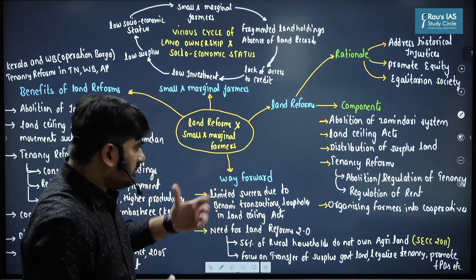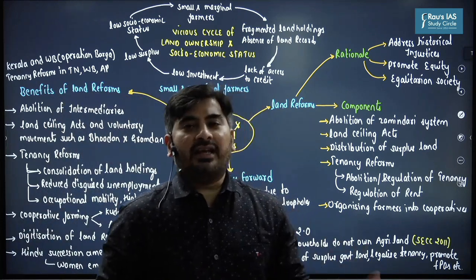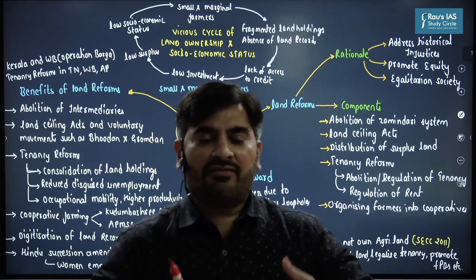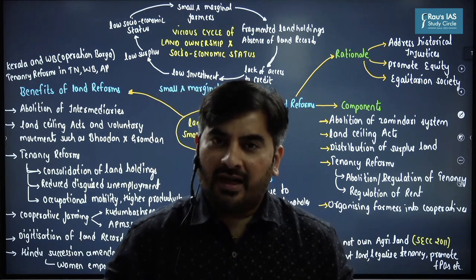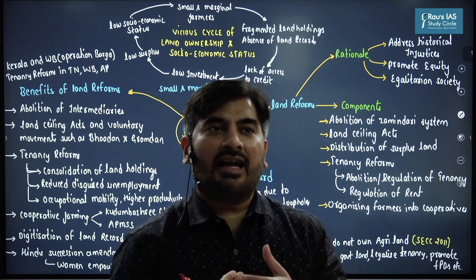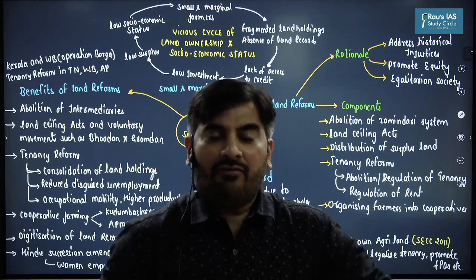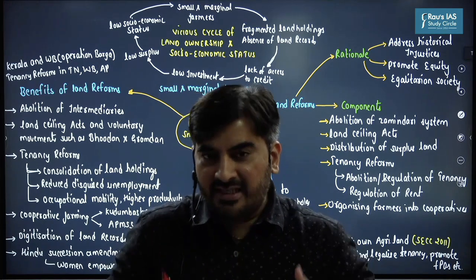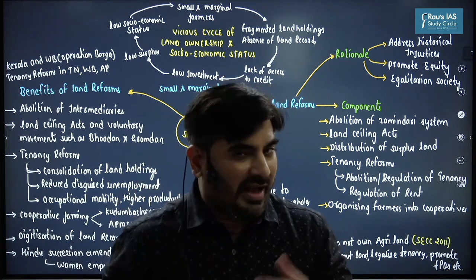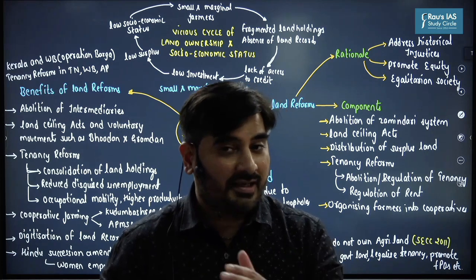Then we also started implementing tenancy reforms. Now, what is tenancy? Tenancy basically means that if a person wants to cultivate an agricultural land, he can lease in the land from someone else who has ownership of the land. And for leasing in the agricultural land, this person will be required to pay rent. Now, as I said, land is a subject under the state list.